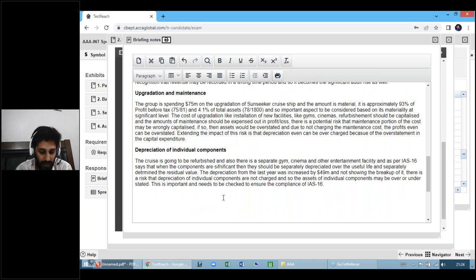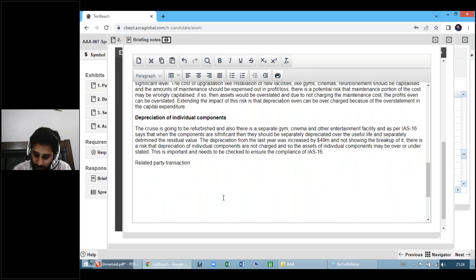Right? So I'm writing here first, related party transactions. It's a related party transaction, right? You should first write down why this is a related party transaction.